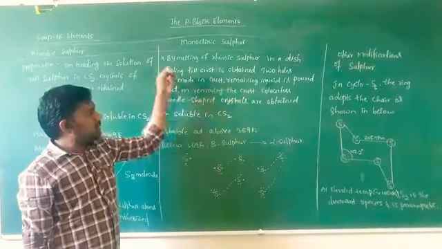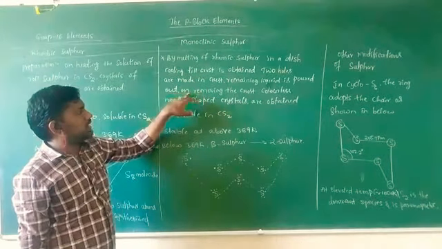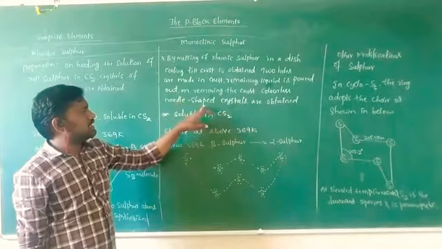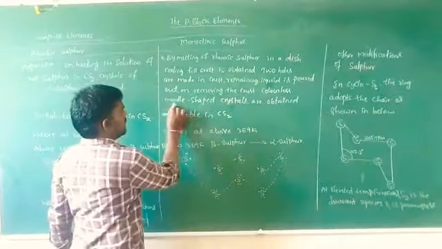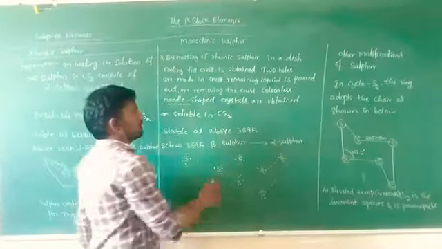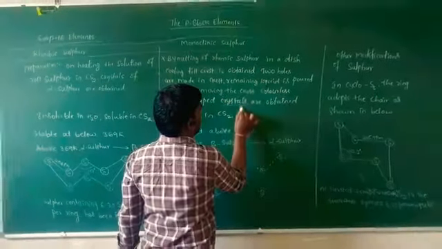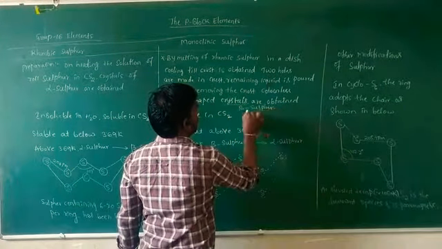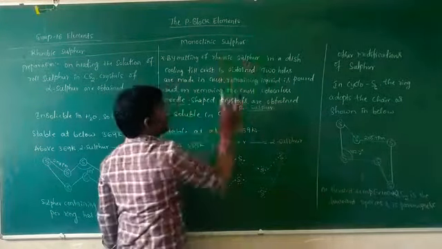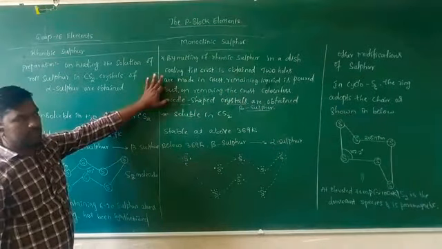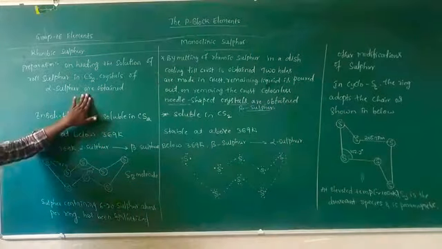The remaining liquid is poured out, and on removing the crust, colorless needle-shaped crystals are obtained. These crystals are called beta sulfur or monoclinic sulfur. So that is the preparation of beta sulfur and alpha sulfur.